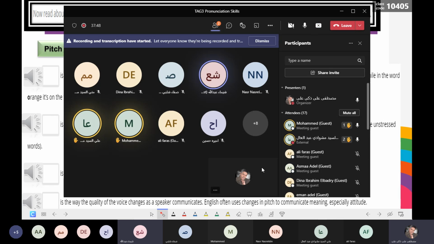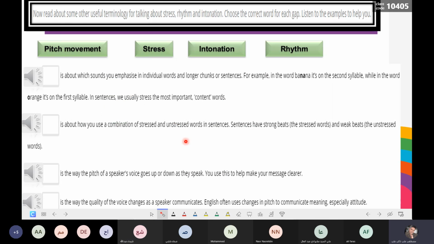Shayma, go ahead. Stress is about which sounds you emphasize in individual words, or longer chunks or sentences.